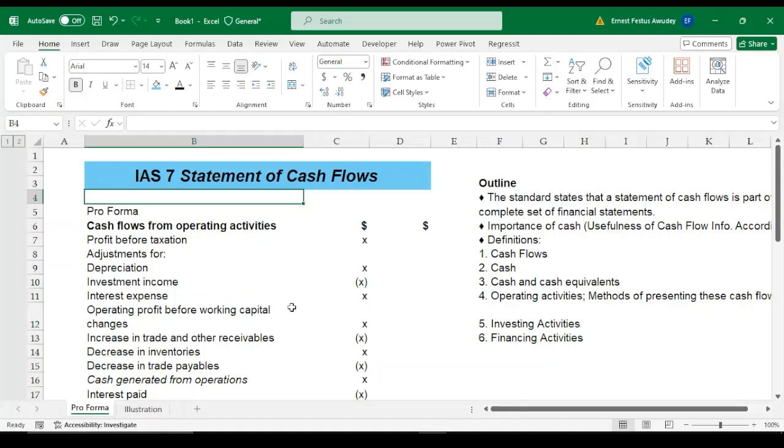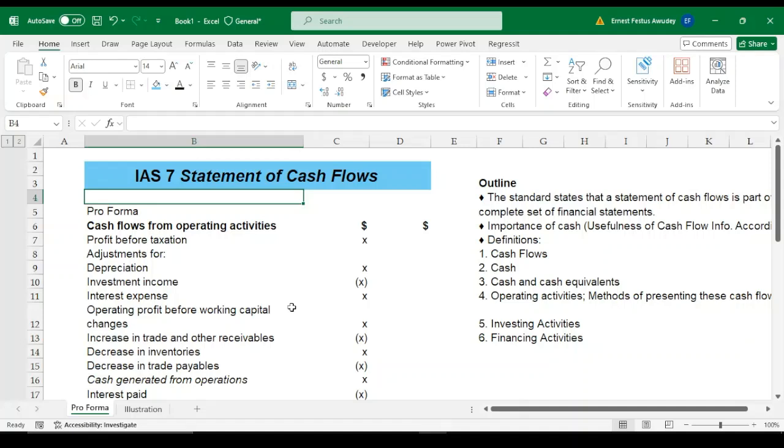So that means that it is prepared on the cash basis of accounting. Whilst the other financial statements, which are the statements of financial position, the statements of profit or loss and other comprehensive income, as well as the statements of changes in equity, are all accrual based, which means that they contain non-cash items. All right. So those are the reasons why statements of cash flows is separate from the other financial statements.